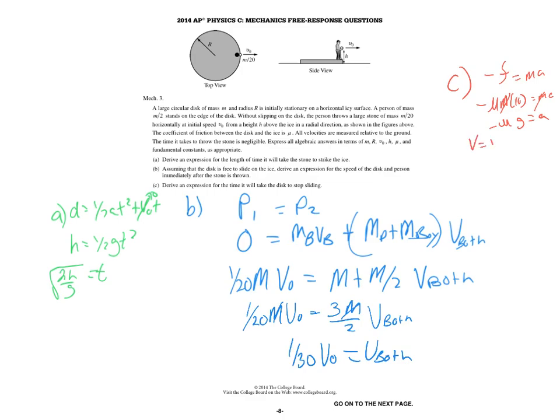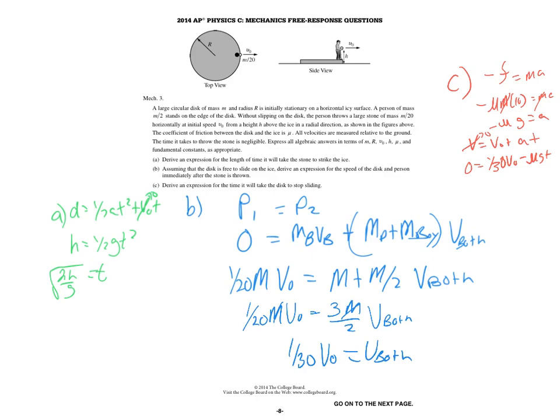And basically, v is equal to v naught plus at, where we know v is going to be 0 because we want it to stop, and v naught is 1/30th v naught. So 0 is equal to 1/30th v naught minus mu gt.